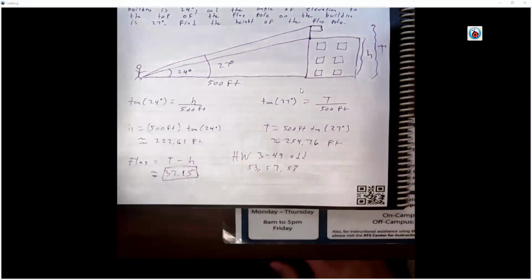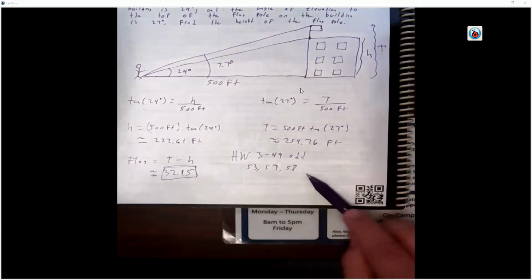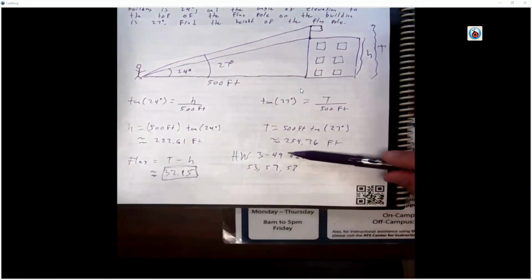That's it for 6.2. Is it 58 at the end? Yes. Yeah, 53, 57, 58. These are just some word problems. These are just practicing solving triangles.